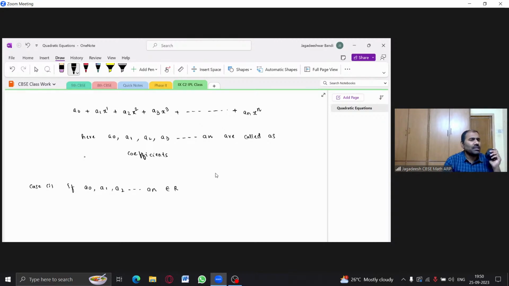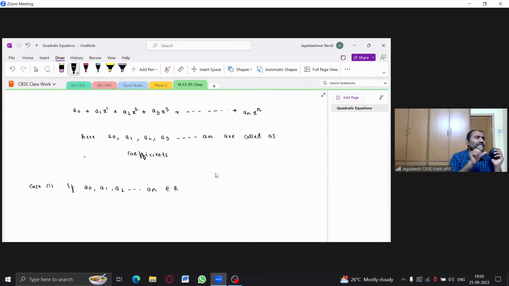So again you can ask me, sir, what is a real number? Real number is nothing but a combination of natural numbers, whole numbers, integers, then rational numbers, irrational numbers. Maybe you can find fractions and decimals also in that. All these number systems together are called real numbers.